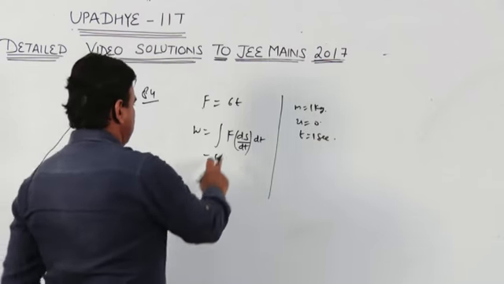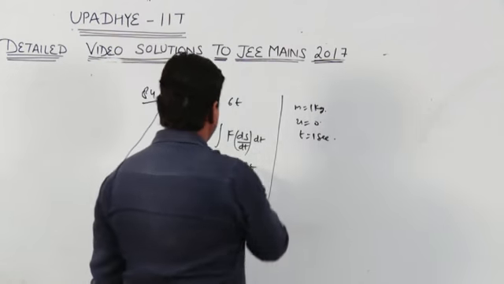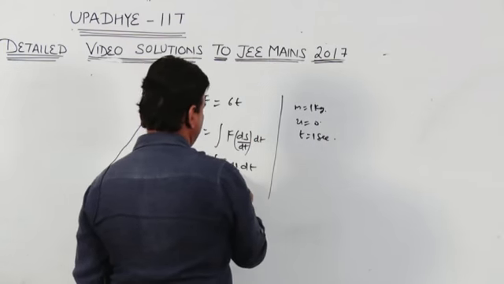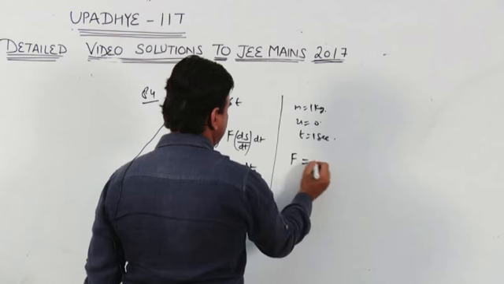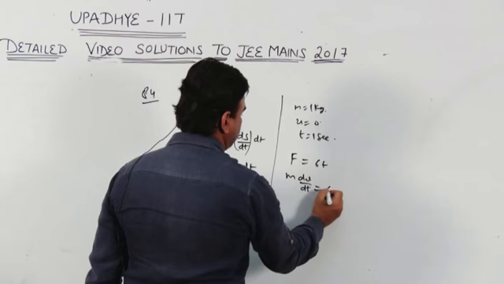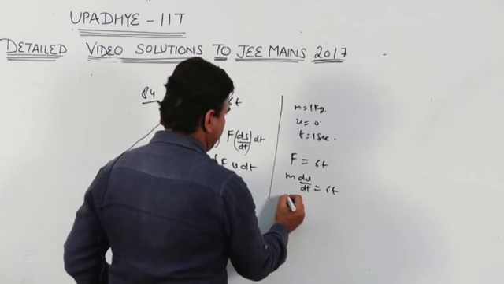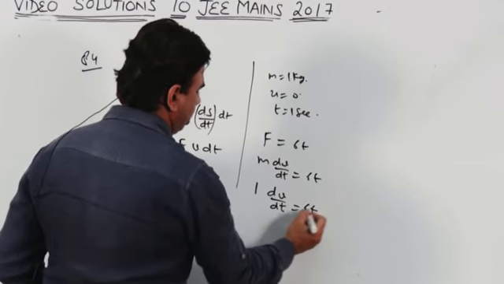This ds by dt is nothing but v, and F is given as 60t, so we can put it here. And again we have to find v in terms of t. So it is better that F, which is given as 60t, we can write as m dv by dt. So m is given as 1 and dv by dt equals 60t.